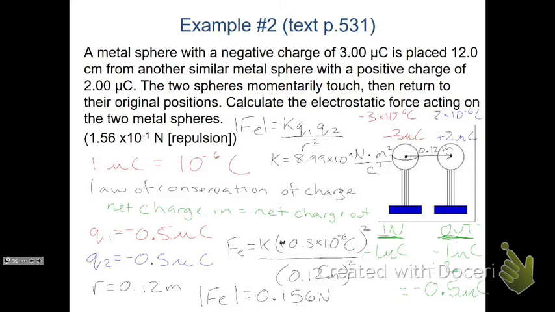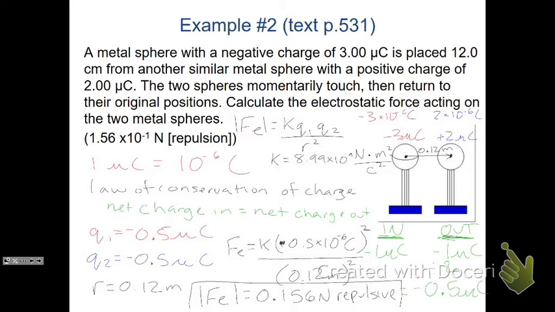And because they both have a negative charge, what do negative charges do? Do they attract? No, they repel, right? So 0.156 newtons, repulsive. They're both negatively charged, so they will repel one another. Okay?